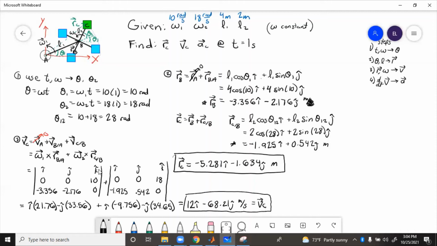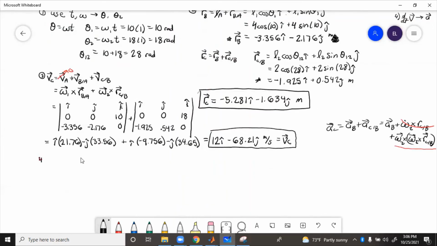Finally, we need to get the acceleration. We'll use the relative acceleration formula. For relative acceleration, acceleration of C equals acceleration of A plus acceleration of B with respect to A plus acceleration of C with respect to B. Acceleration of A is just 0 because A is not moving.